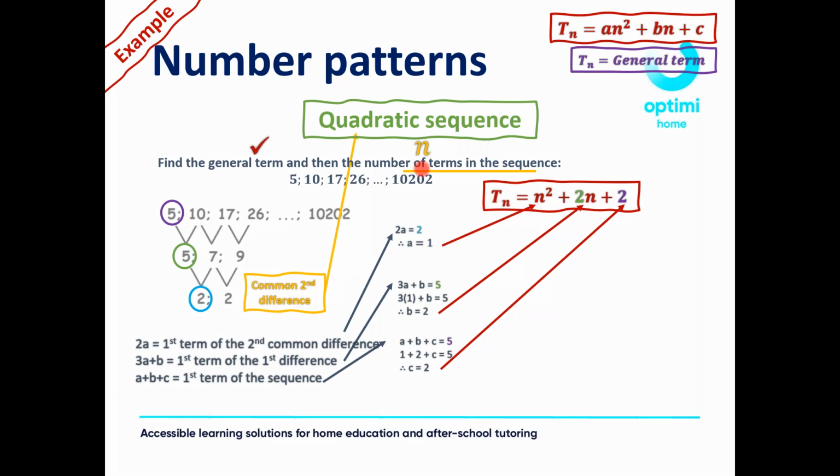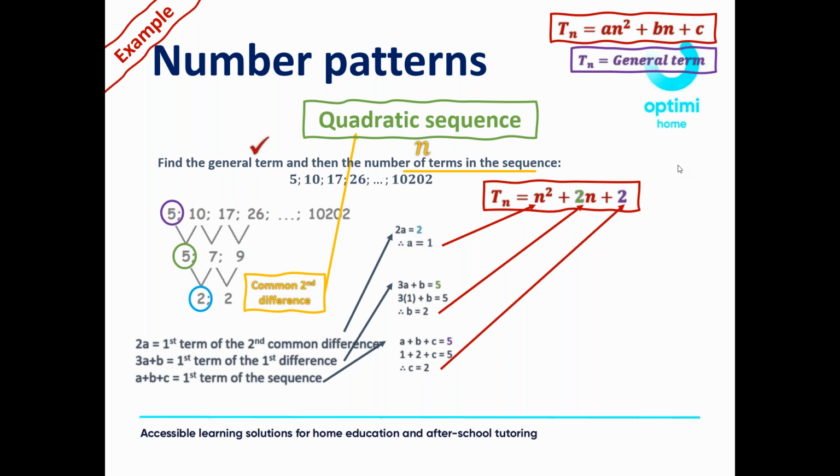They have given me the last term of the sequence. It means that I want to know how many terms there are, or what is the n of my last term, which has a value of 10,202. And remember, when we talk about a value of a term, this entire Tn can be substituted with that value.